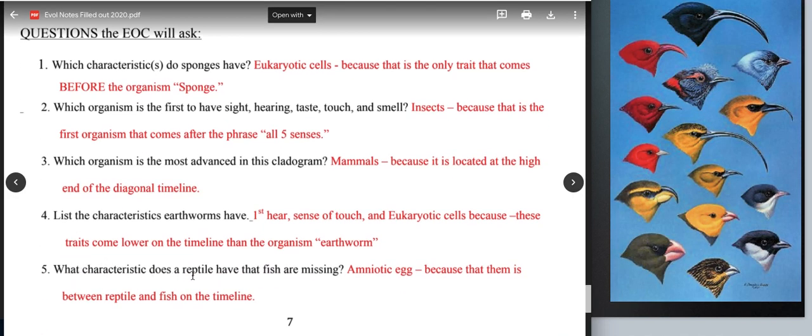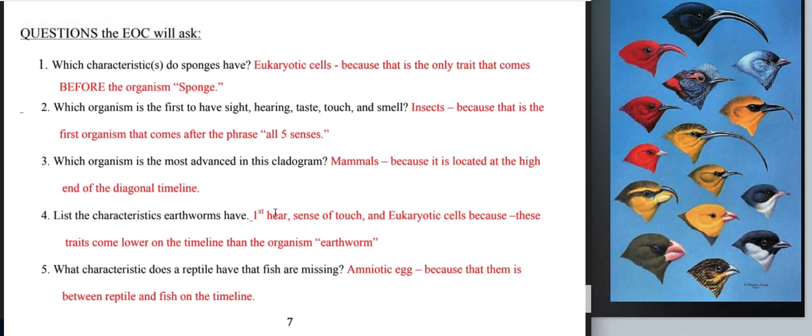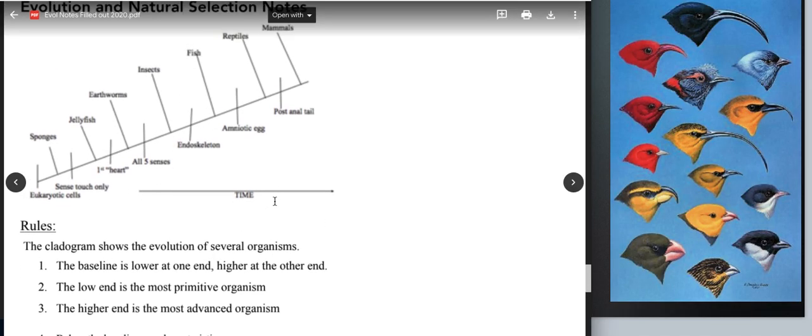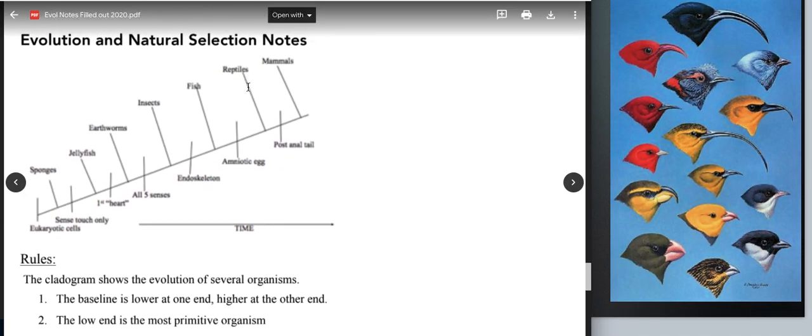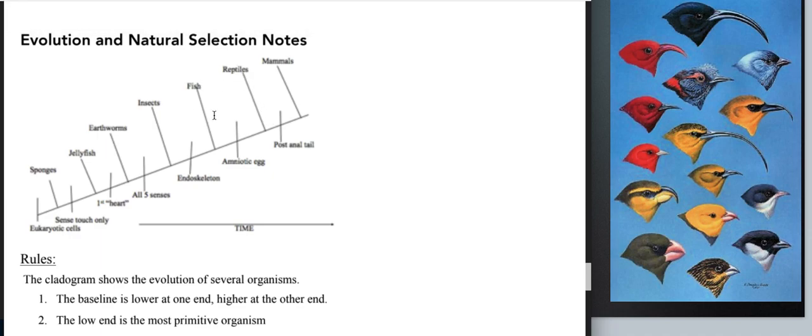Okay. What characteristic does a reptile have that a fish is missing? So, reptiles have something that fish don't. Well, look for the traits in between them. So what does a reptile have that a fish doesn't? And the answer is this trait right here, which is called an amniotic egg.